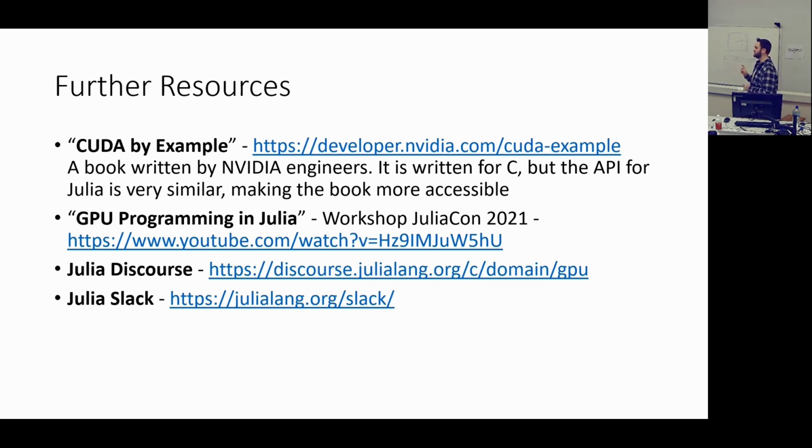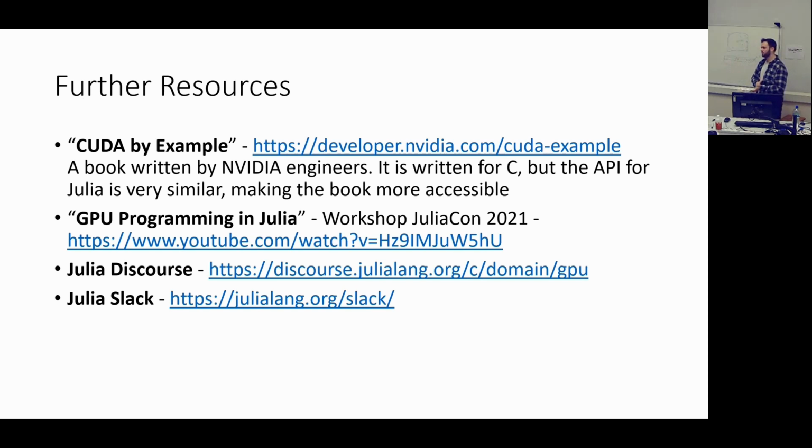All of the examples are in C, but most of the calls in C are almost a one-to-one mapping with how you would call it in Julia. So the Julia documentation together with this book should be fine. It doesn't matter that it's in C. Again, just be careful of 0-based to 1-based. You have to be careful of that.